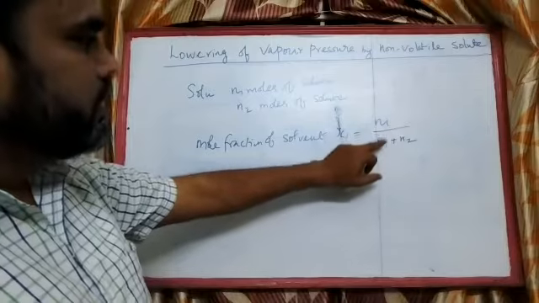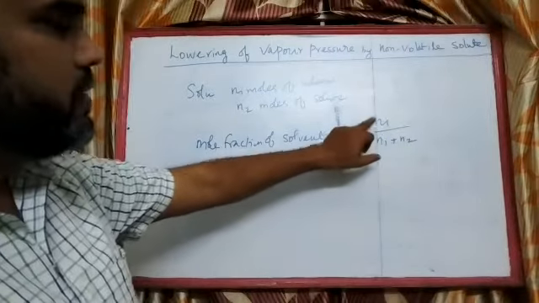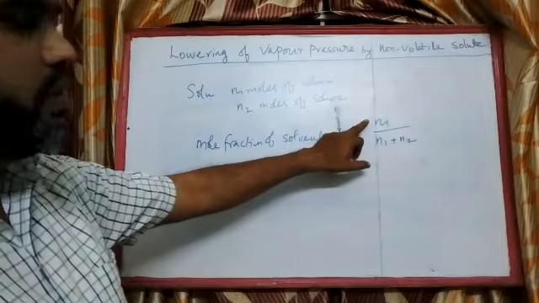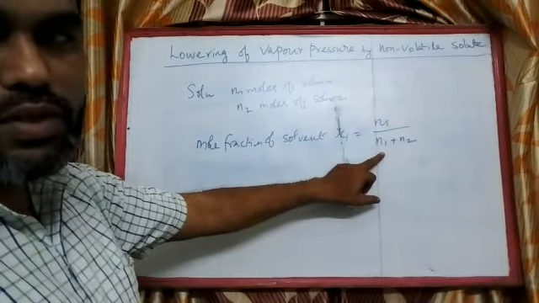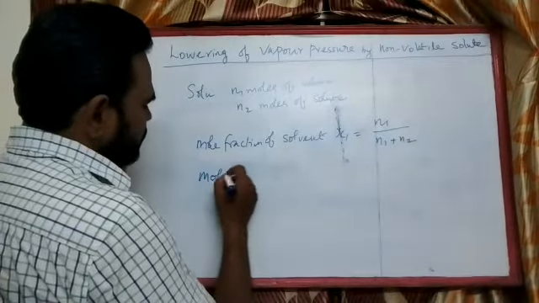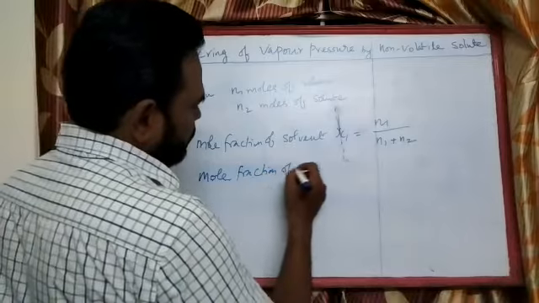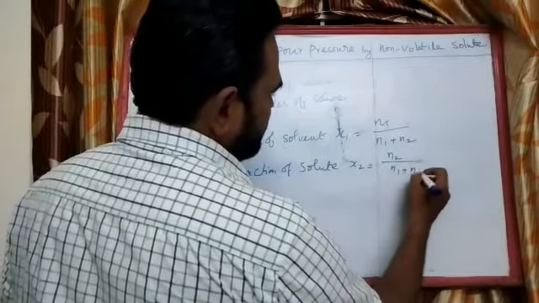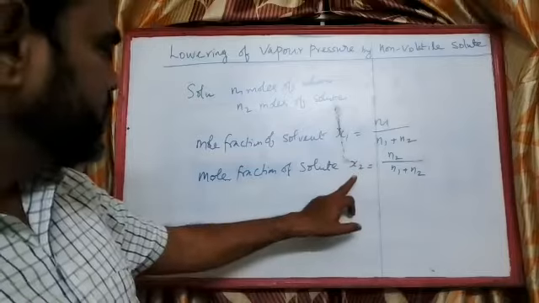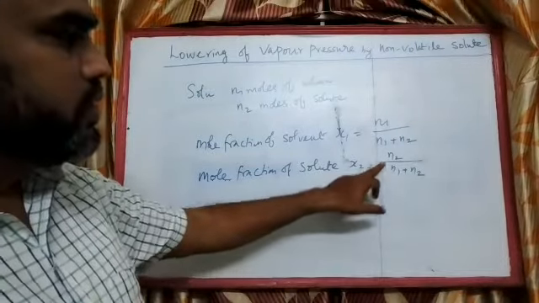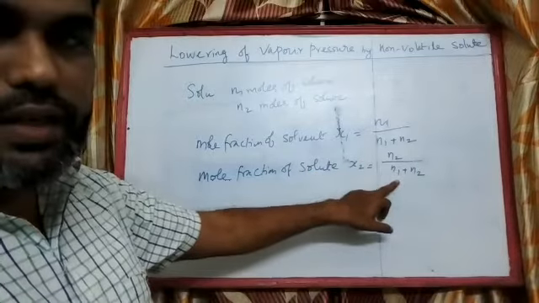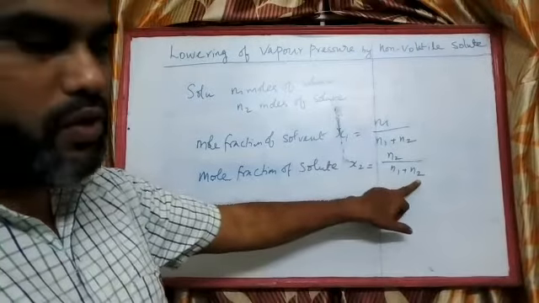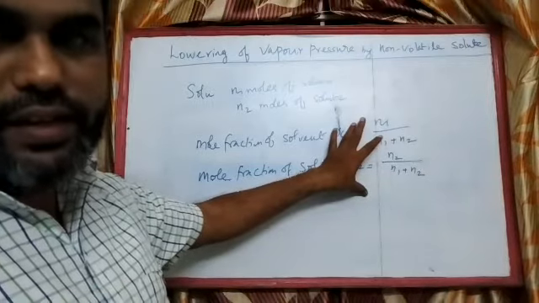The mole fraction of solute, x2, is equal to n2 by n1 plus n2, the number of moles of solute divided by the total number of moles. Let us keep these x1 and x2 as such.